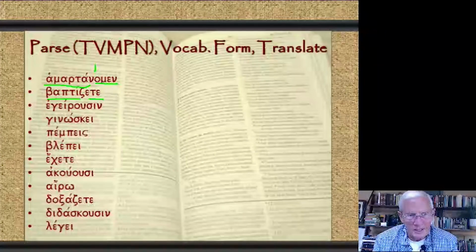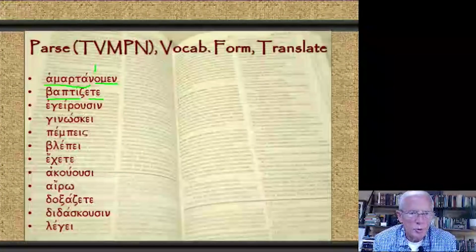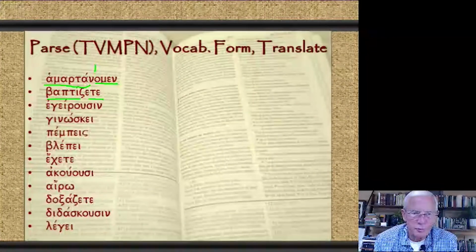Echete, present active indicative, second person plural, you have or you hold. Akuusi, present active indicative, third person plural, they hear. Airo, present active indicative, first person singular, this is the vocabulary form. I take up or take away.